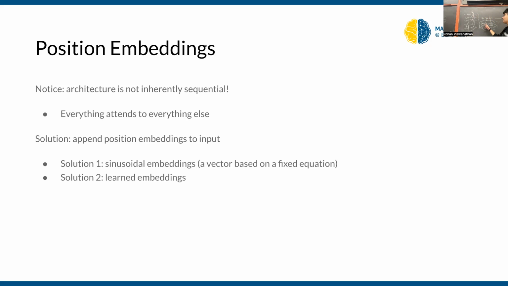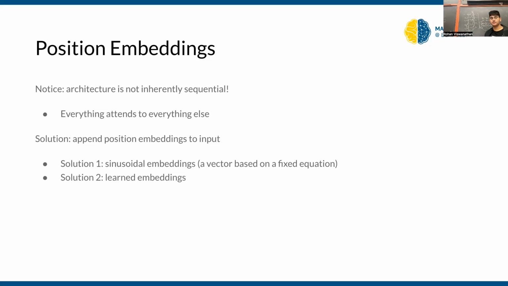You can change this by changing the embeddings that you're passing in to include position, where instead of everything attending to everything else, you're focusing on a certain window based on position information.